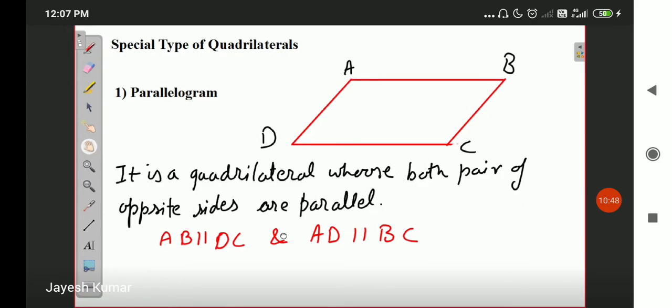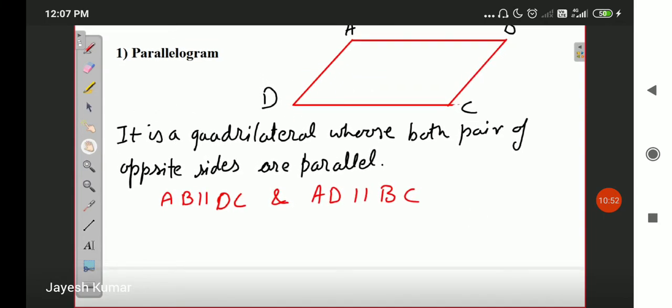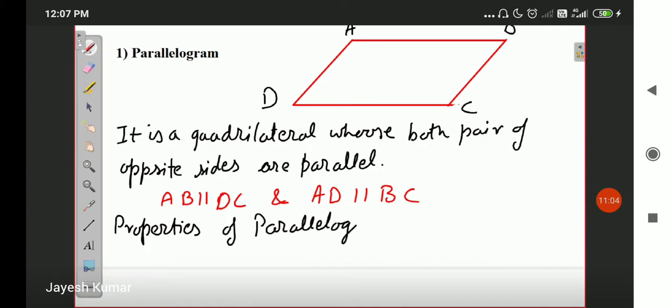Now, like we discussed the properties of quadrilaterals, we are also going to discuss some properties of parallelogram. Before starting that, let me draw diagonals of this parallelogram for you. So diagonals are AC and DB, same as the previous one.